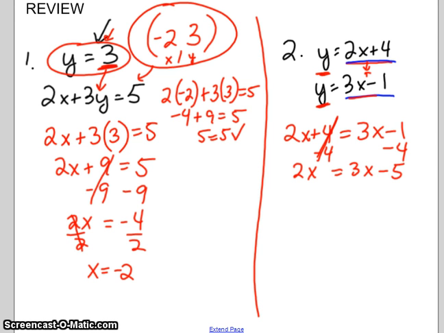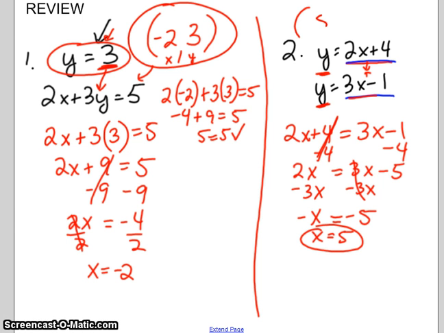The variable is 3x, so let's cancel out 3x. Whatever we do to one side, we have to do to the other side. 2 minus 3 is negative 1. So we have negative 1x equals negative 5. Therefore, x equals 5.